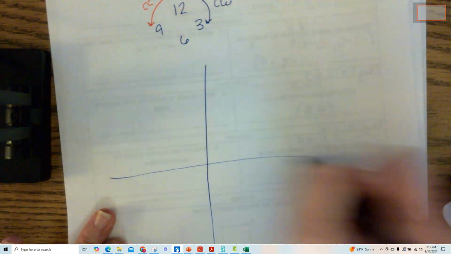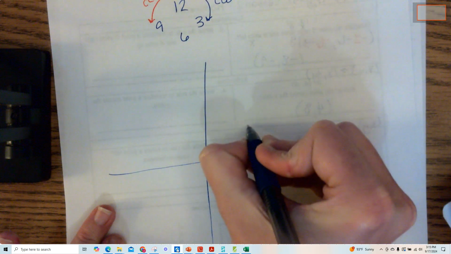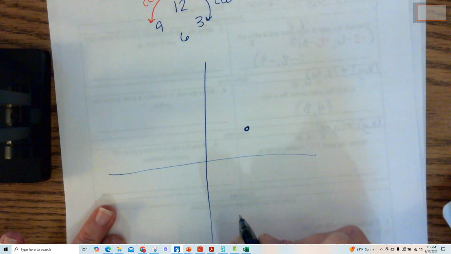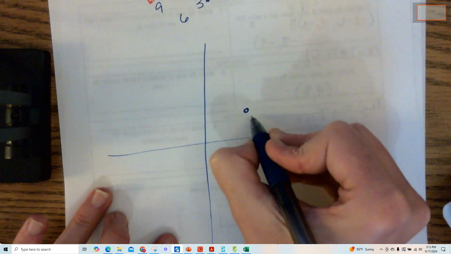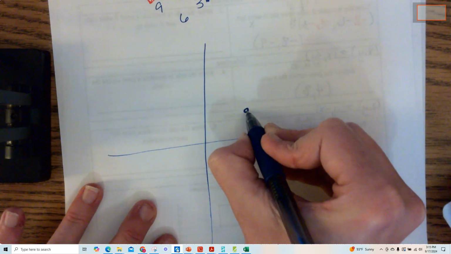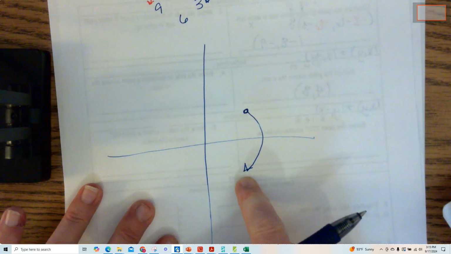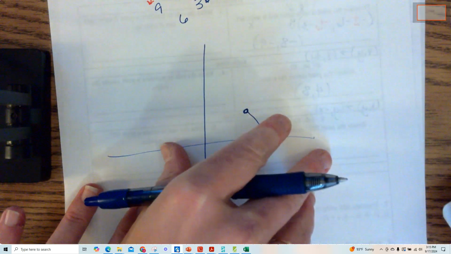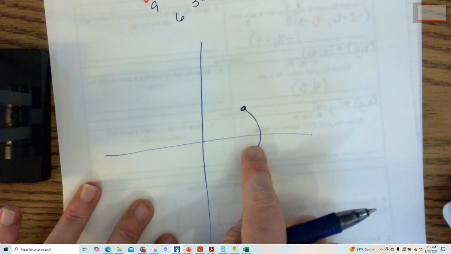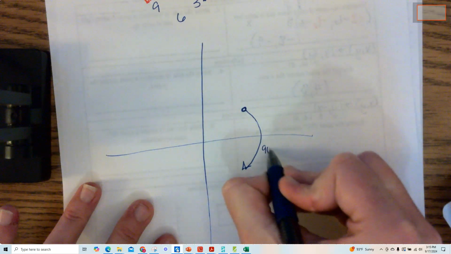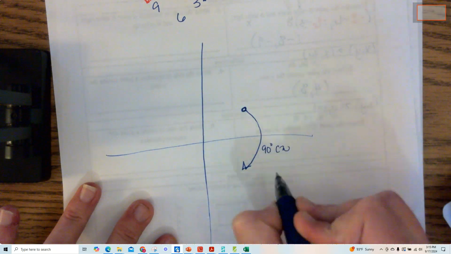So on the coordinate plane, if I start here, let's do clockwise first. If I go 90 degrees clockwise, I'm going to make 1 turn. I'm going to just jump into the next quadrant. Take it, turn it once. Okay? So that would be 90 degrees clockwise.